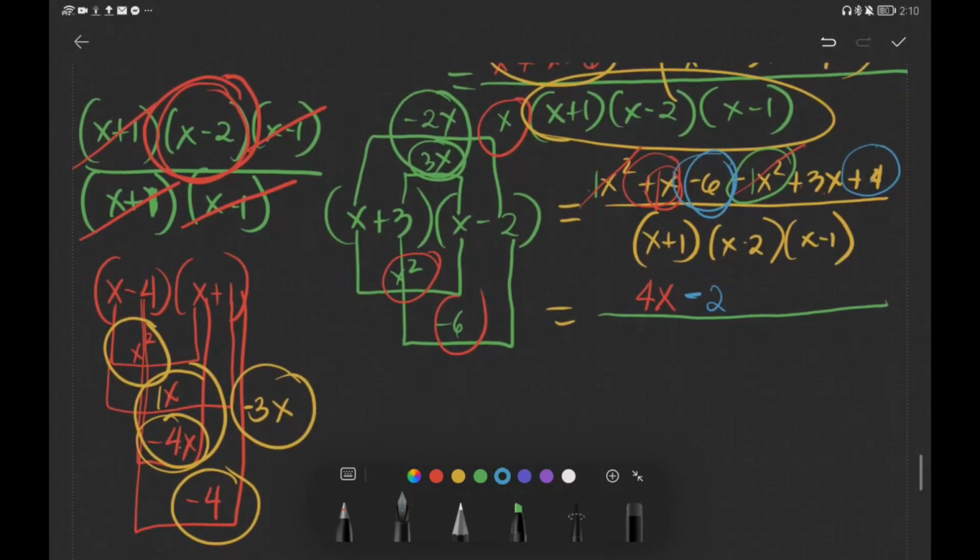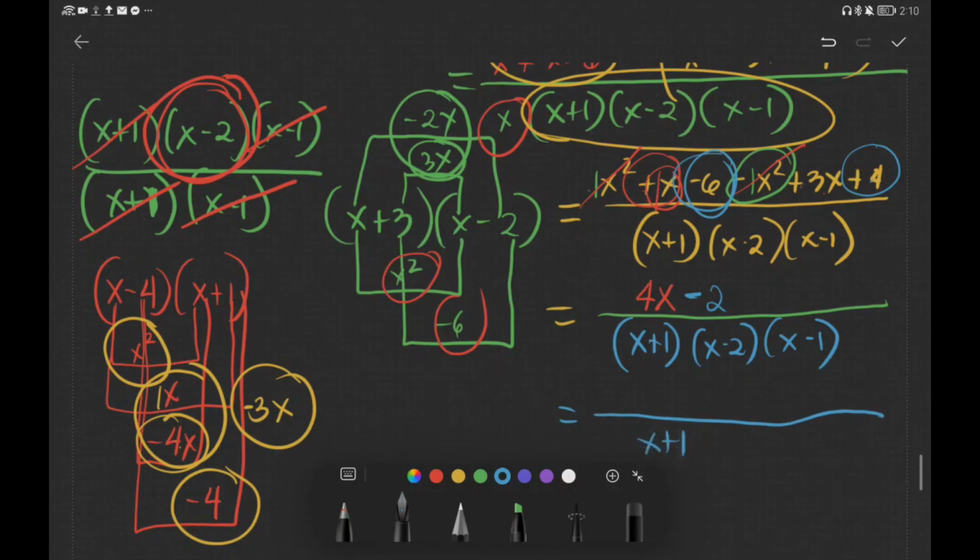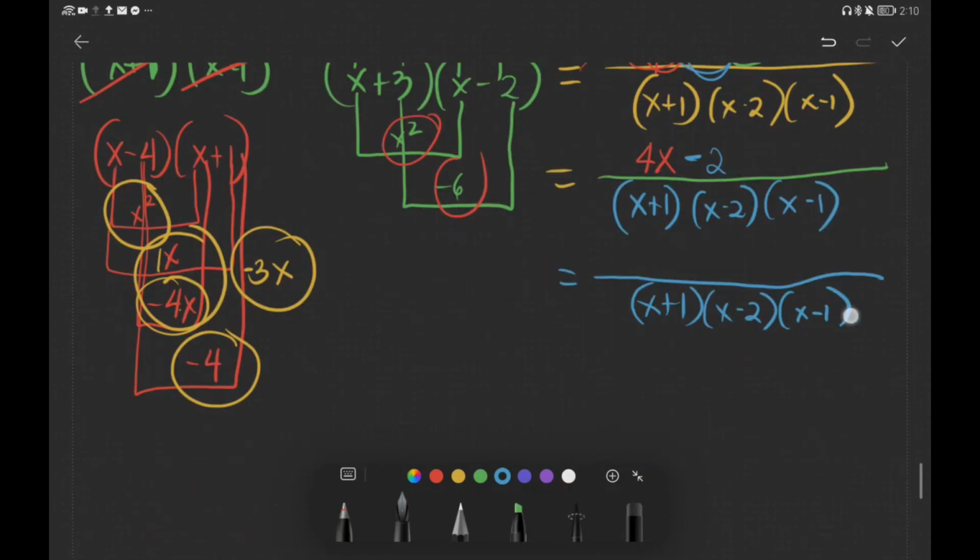Now, let's copy the denominator or the LCD. Now, we can factor the numerator. x plus 1 times x minus 2 times x minus 1. So, 4x divided by 2, that is 2x.